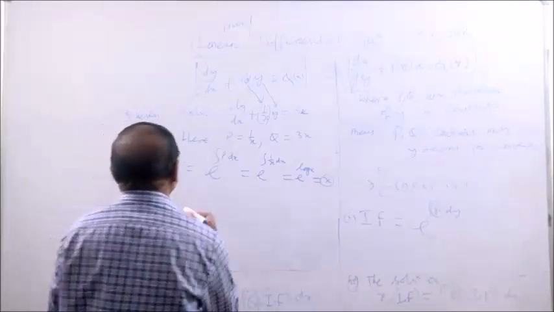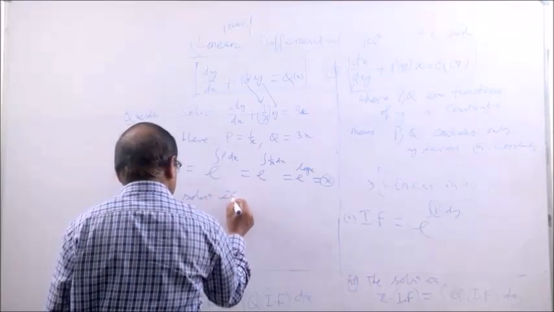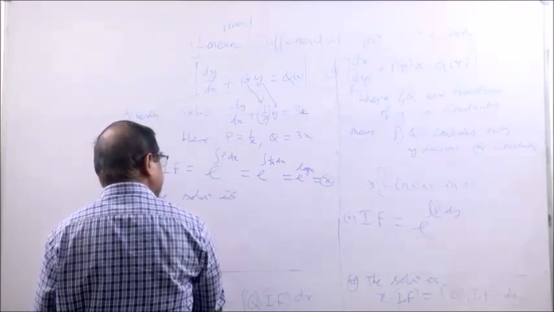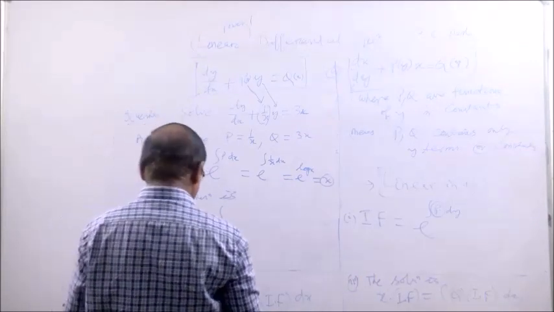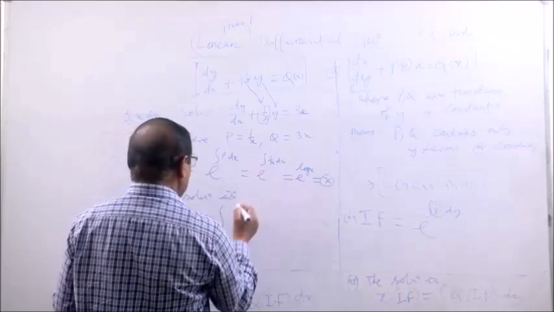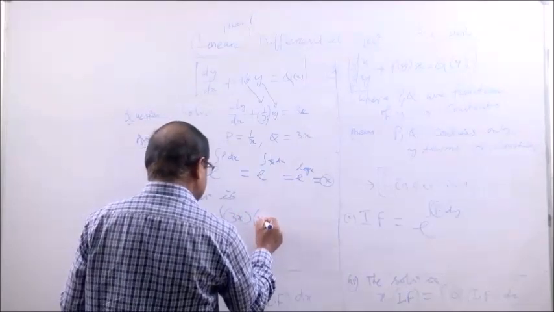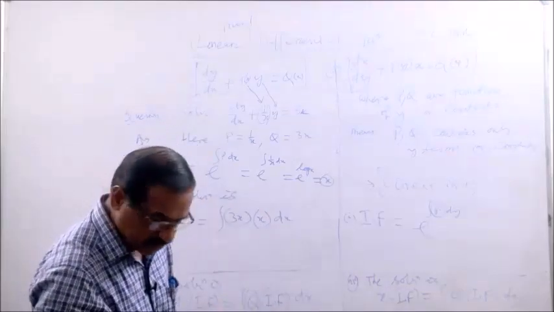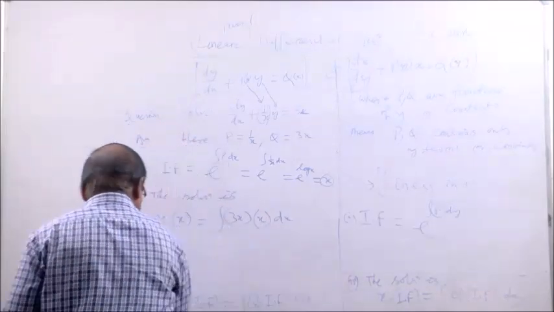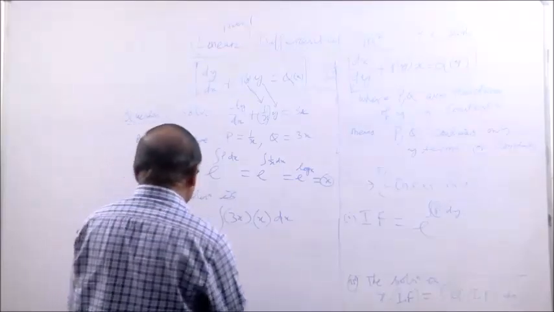The solution is y into IF, that is x, is equal to integral of Q into IF dx. What is the value of Q? Q is 3x into IF, which is x, dx. So see how easy this is? Just remember 2 steps, find the IF and just write the answer.